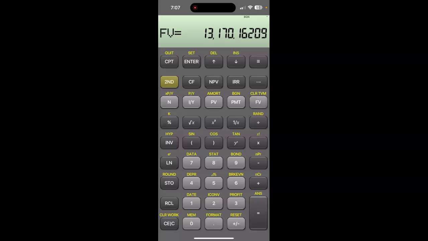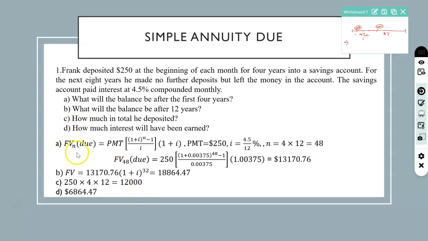You will get 13170.16209. You can round to 2 decimal places, but because we are going to use this for further calculation, you can keep all the decimal places as they are. So we got the future value as 13170.76.